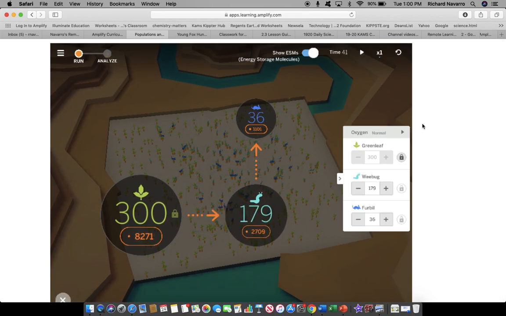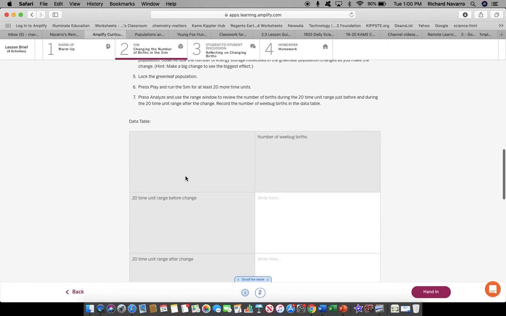And there we go. That's another 20 seconds. So what did you observe? Did the wee bug population increase due to us changing the population of the green leafs? Go ahead and record your findings in your Google form now.